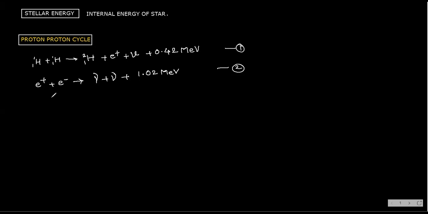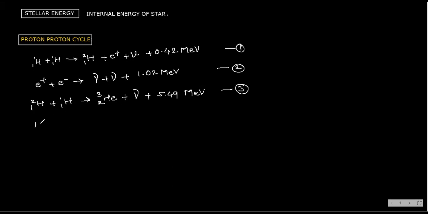Next, again this product, that is deuteron, when I add it with one more proton, gives helium isotope plus gamma particles plus 5.49 mega electron volt energy.